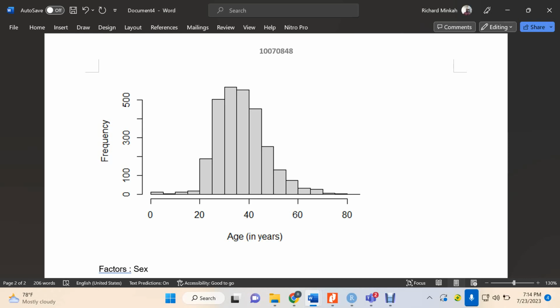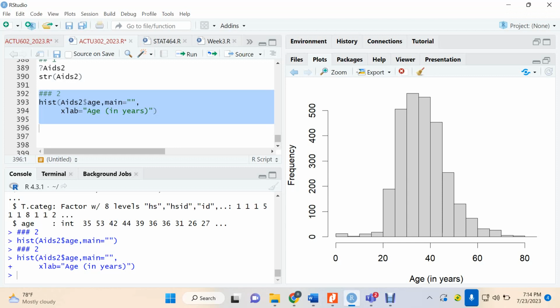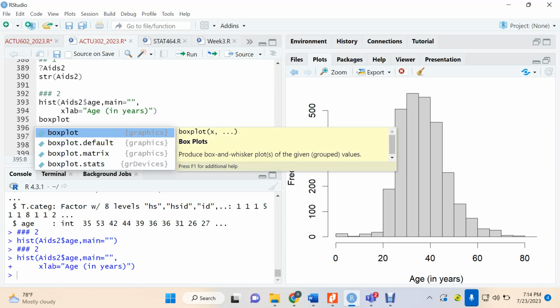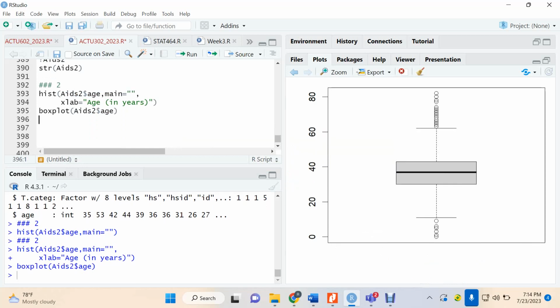I just want a comment. If you use a box plot, that will also give you something else. A box plot can help you know the distribution even more than what a histogram will give you.